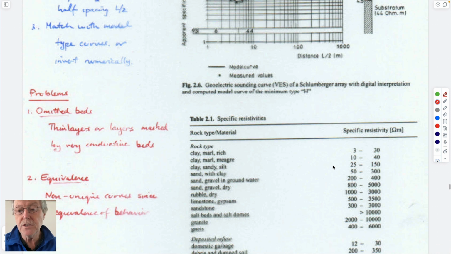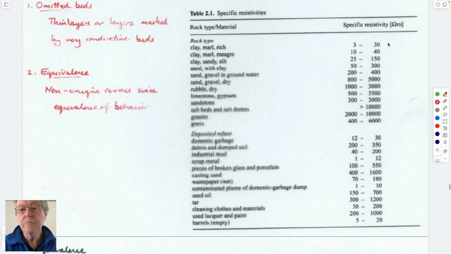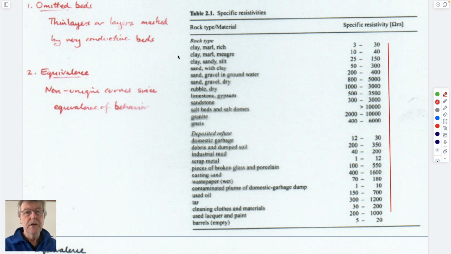And so tables exist with magnitudes of these individual resistivities for all kinds of materials. For soils, clays and sands, for building rubble, for rocks, limestone, sandstone, gneiss, and also for things like garbage, refuse in the subsurface, which you might be looking for if you're looking for an individual landfill.